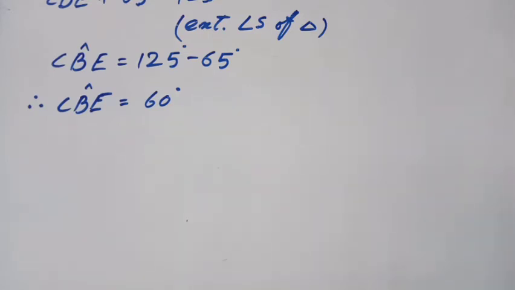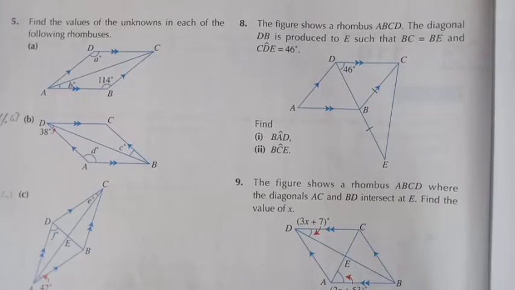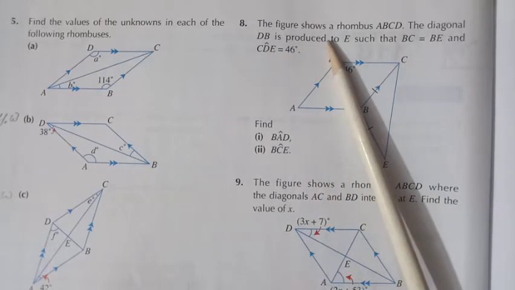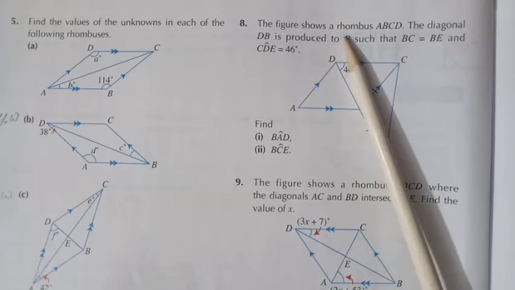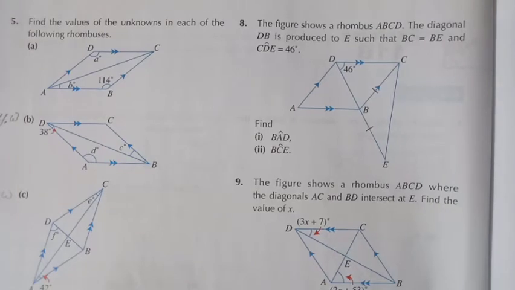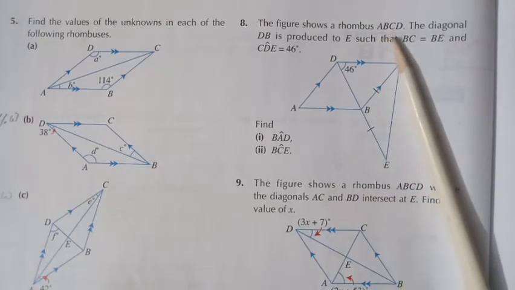Now the next question, question number 8. Statement of the question is, the figure shows a rhombus ABCD.